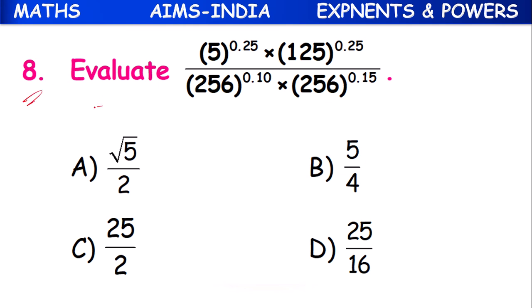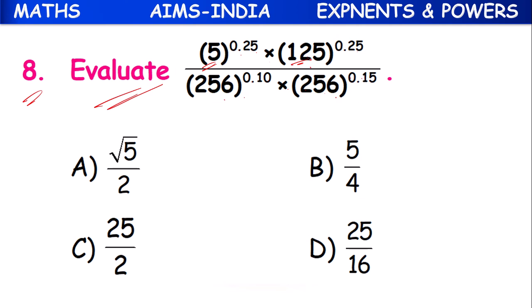Next one, 8th question, evaluate. We have to find the value of 5 to the power of 0.25 into 125 to the power of 0.25, by 256 whole to the power of 0.10 into 256 whole to the power of 0.15. We have to write them in the same base.